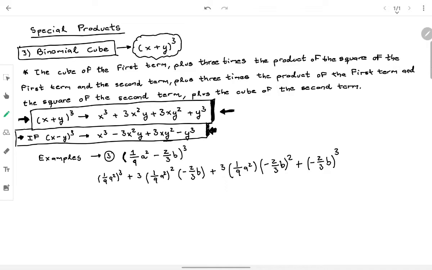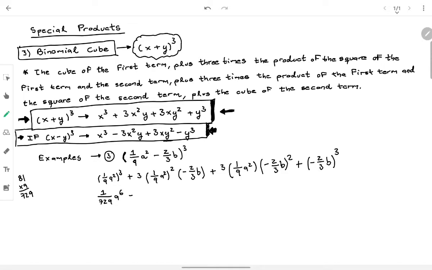So it will be the final answer. 9 times 9 is 81. 81 multiplied by 9 is 729. So it will be 1 over 729, a to the 6.